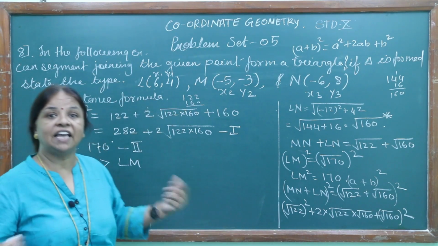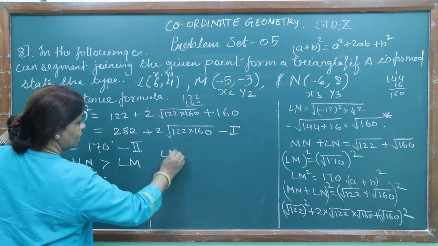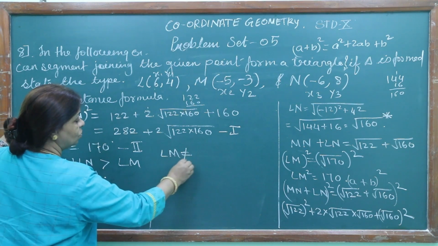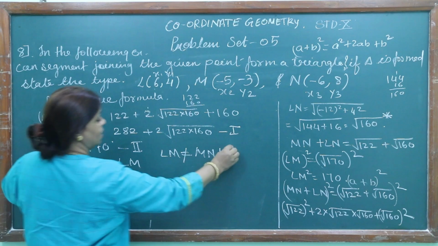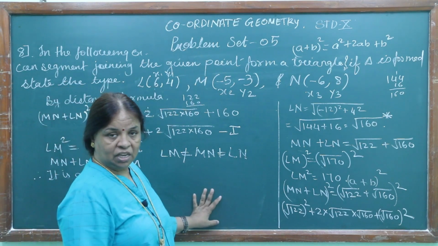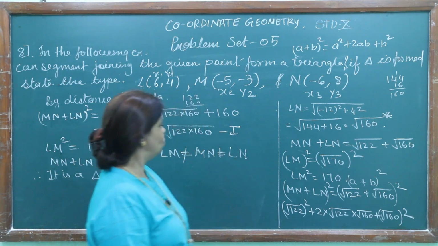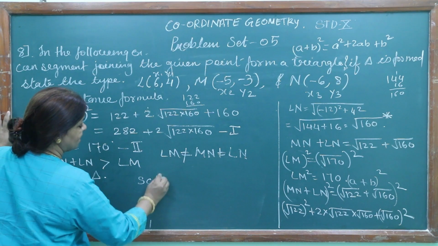So what kind of triangle does it form? If you go to see, LM is not equal to MN is not equal to LN. All the three sides are not equal to one another. If all three sides are not equal to one another, it will be a scalene triangle.